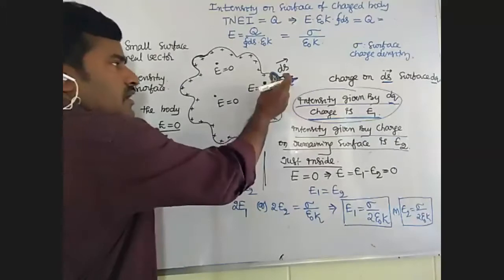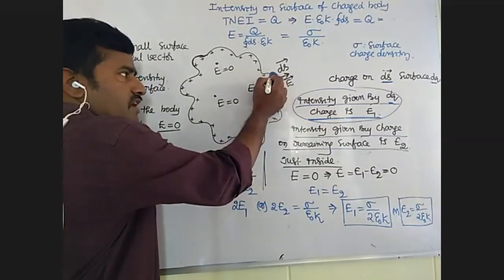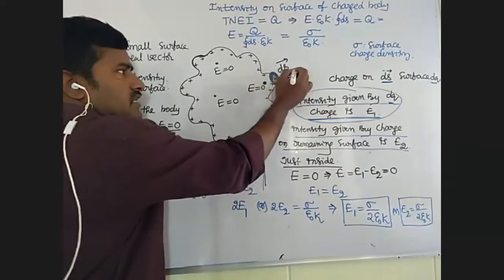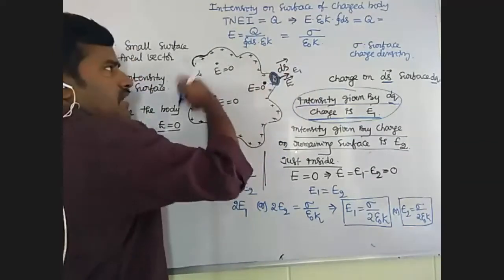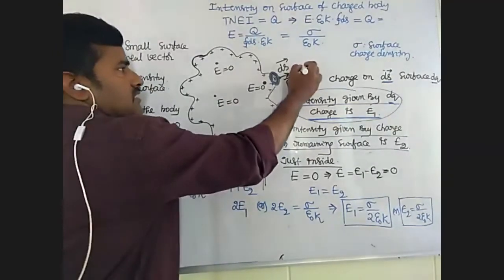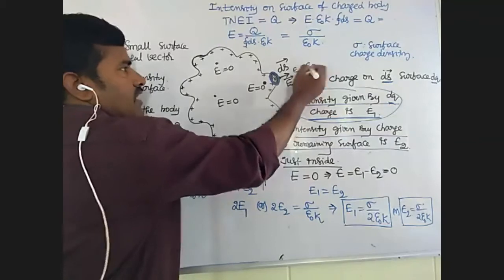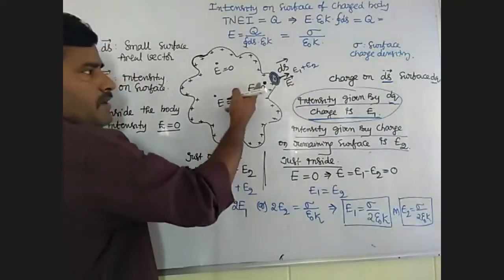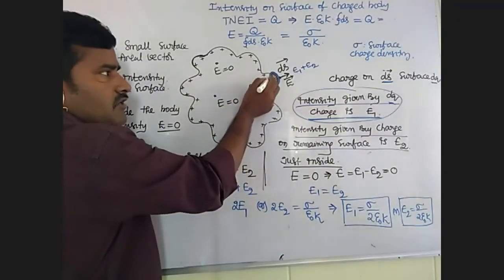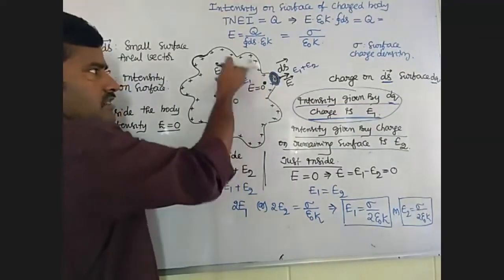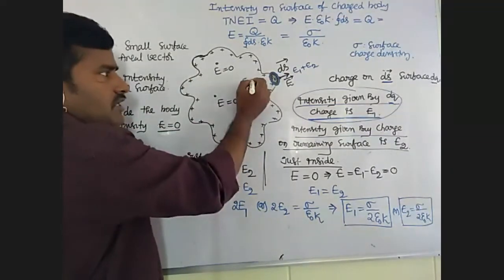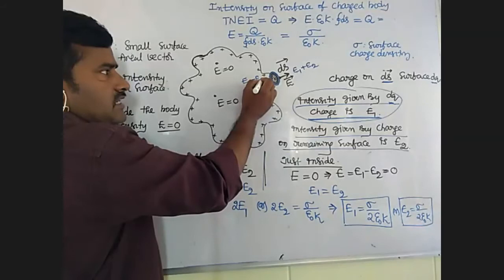That means at a nearby position, this surface's charge provides intensity E1 and the remaining charge provides intensity E2. Inside, the resultant intensity is E1 minus E2, which becomes 0.